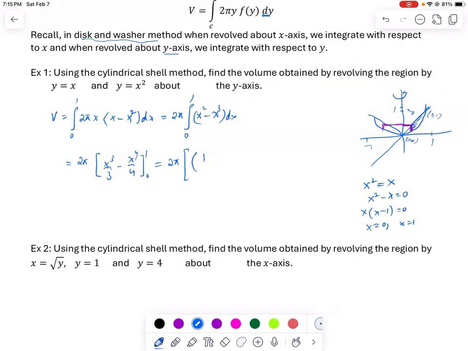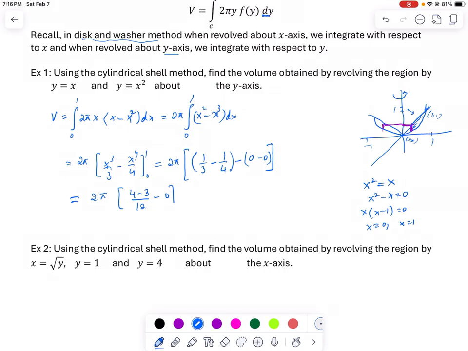So 1 to the 3 is 1, so 1 over 3 minus 1 to the 4 power is 1 over 4, minus the other limits, 0 minus 0. So we end up getting 2 pi, don't forget the 2 pi, and then inside 4 minus 3 over 12.